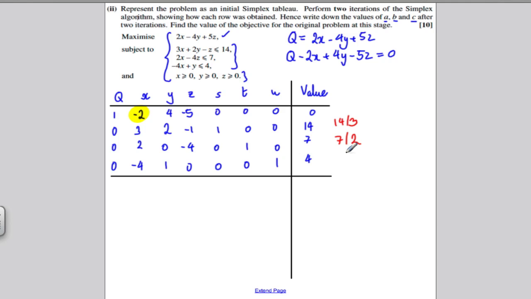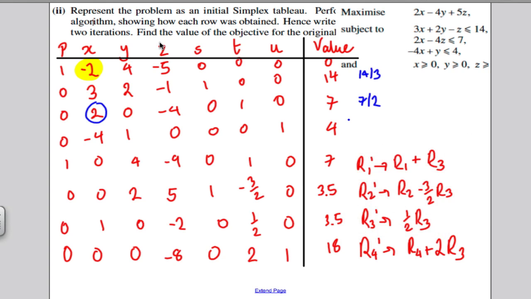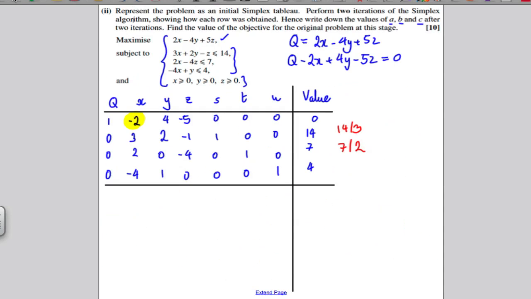And I work out which one's the smallest out of those. The smallest of those two is going to be this, which is 3.5. Okay, so I'm going to pivot on that element, that entry of my simplex tableau.